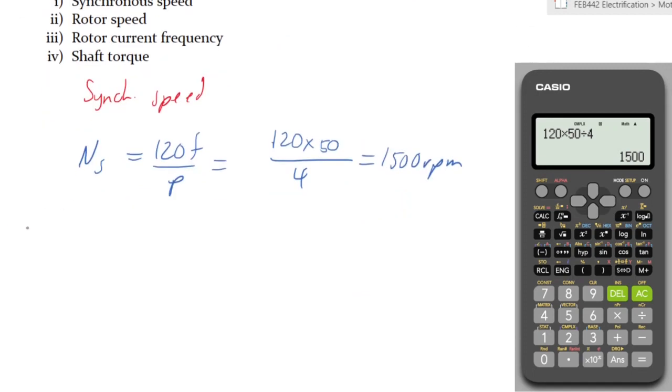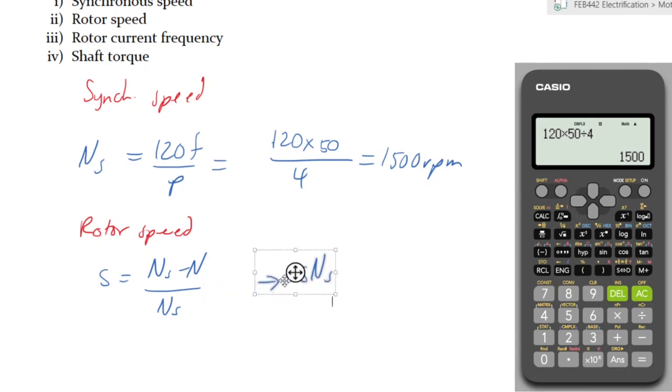Number 2, the rotor speed. So we know that slip is given by ns minus n over ns. If we convert this so that we make n the subject, we will get s times ns. Actually, we forgot the percentage, so times 100.